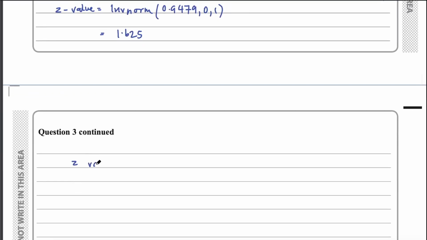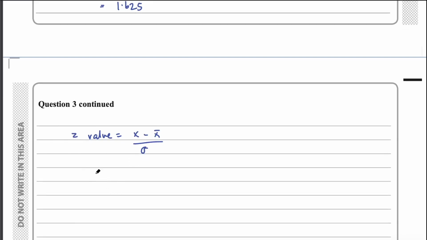So Z value formula to find n. So this looks like x, the x value we have, take the mean, the sample mean, over the standard deviation. And we have the Z value, which is 1.625. We have the x value, which we converted to 244.5 using the continuity correction.